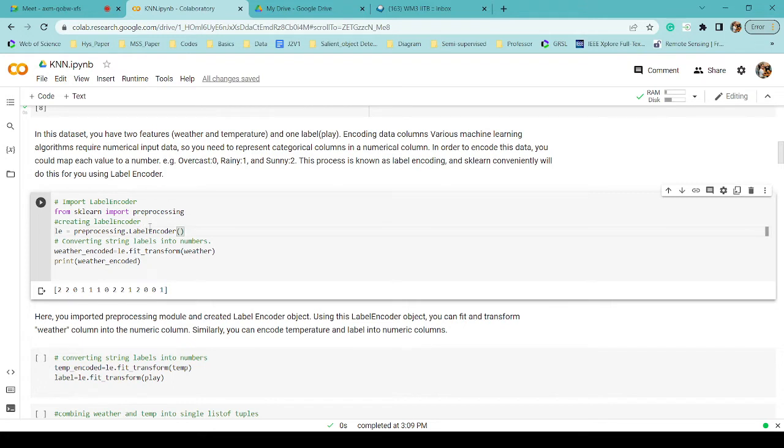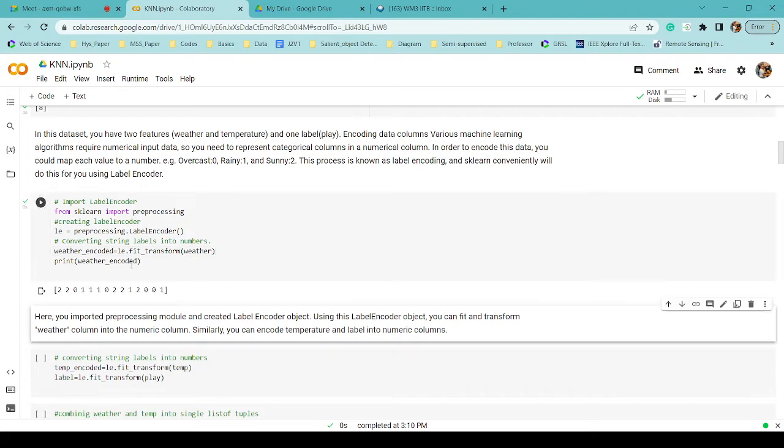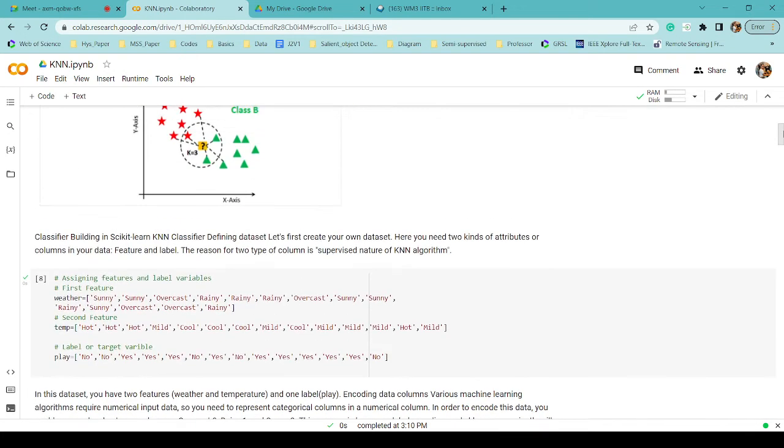It encodes the labels, converting the strings into numbers. I have printed the weather encoded, and now you can see 2, 2, 0, 1. So 2 is for sunny, and 0 for overcast, 1 for rainy. This is how it is done.